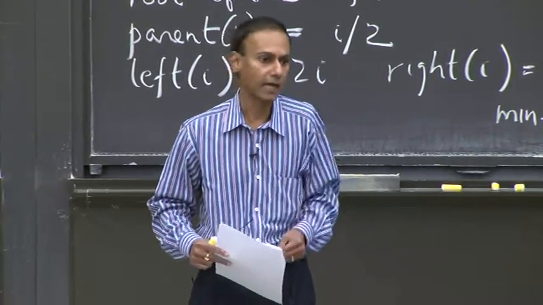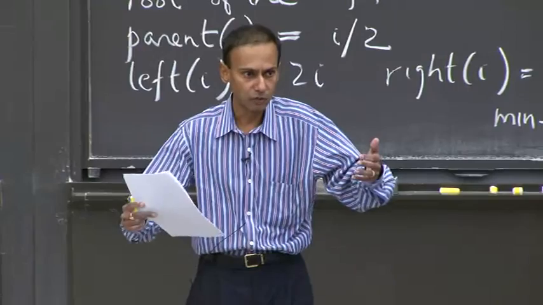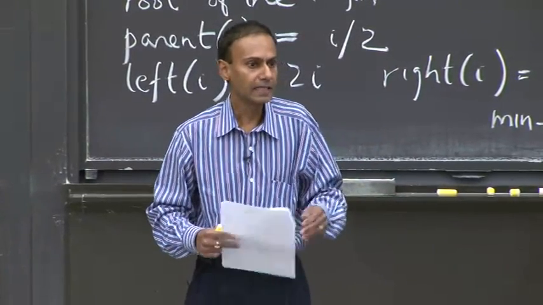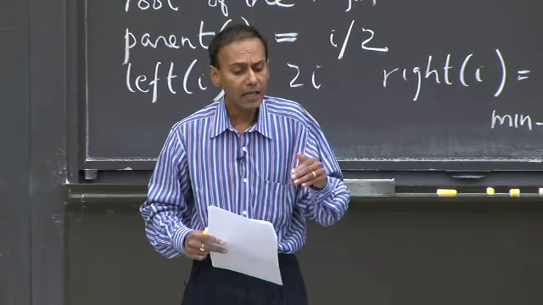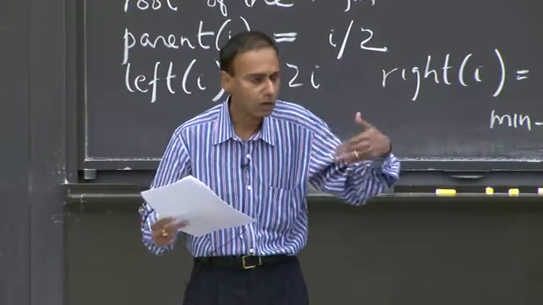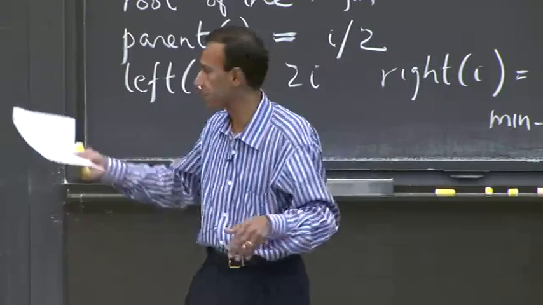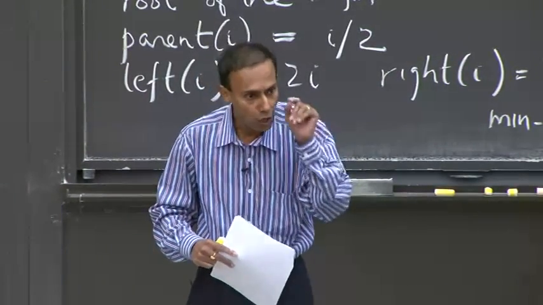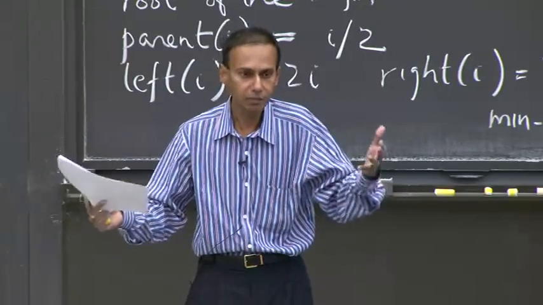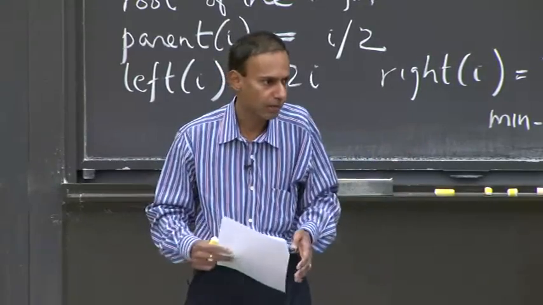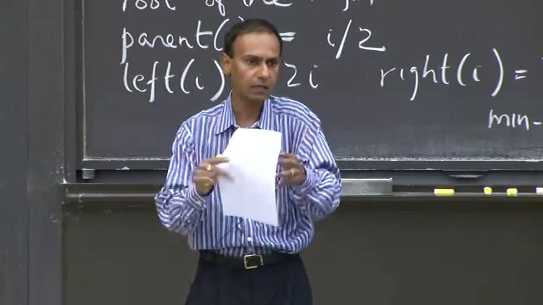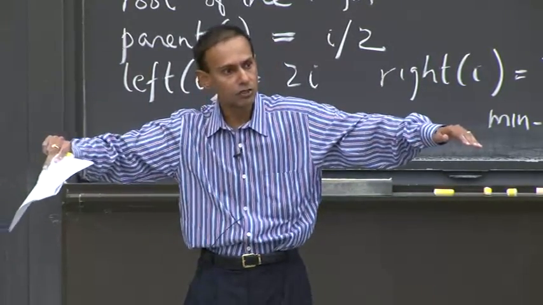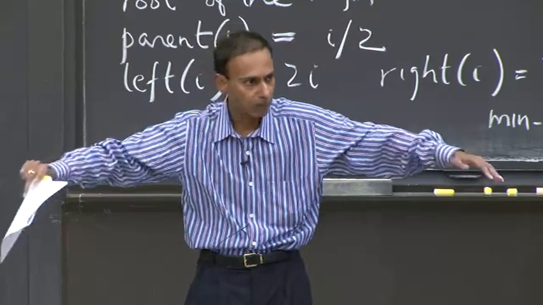And I'll tell you why it's order n in terms of a hand-wavy argument. The hand-wavy argument is that you're doing obviously no work for the leaves, but you're not even counting that because you're starting with n over 2. But when you look at the n over 2 node, it's essentially one operation or two operations, in whichever way you count, to build max heap. For that first level of nodes above the leaves, it's exactly one operation.